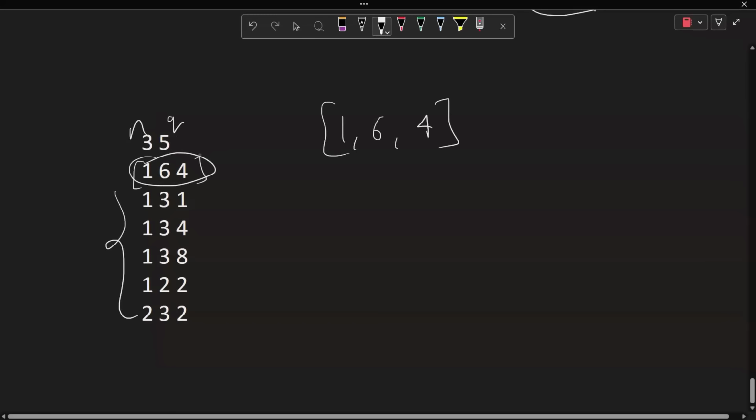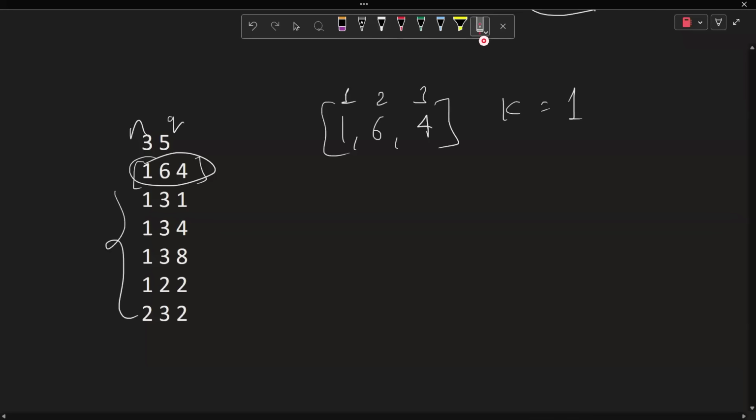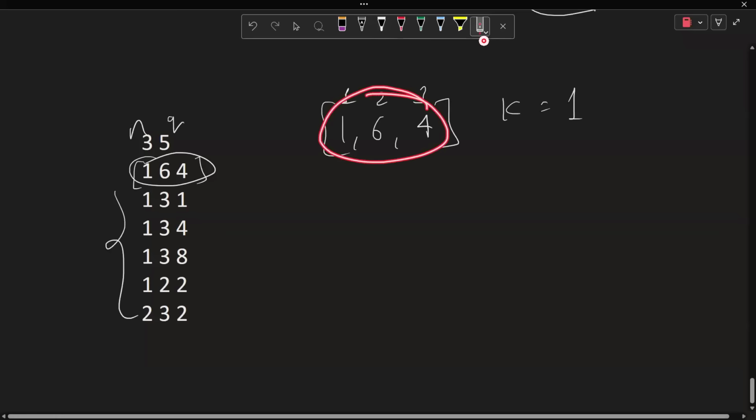Now, in every query, you have to answer. In the first query, the range given is 1, 3. Let's index them. The subarray from 1 to 3 means the full array. For this full array, the value of k is 1. Then find the minimum number of operations to reduce the sum of differences between adjacent elements to be less than or equal to k.